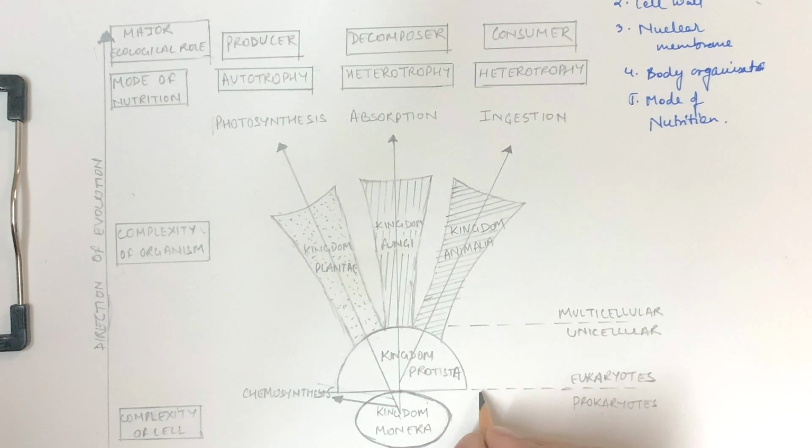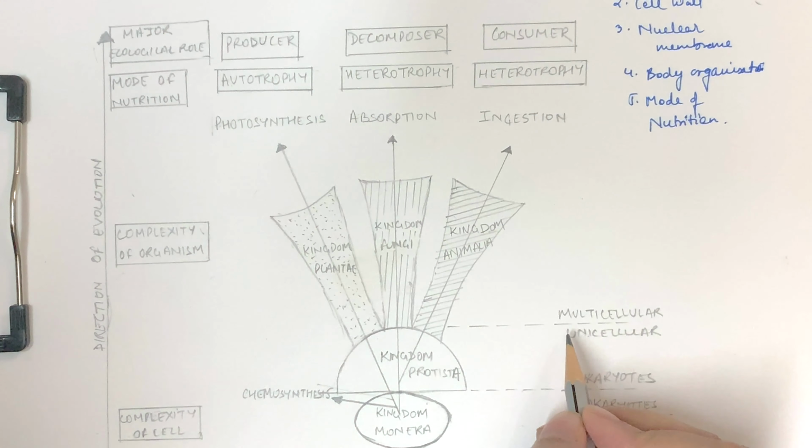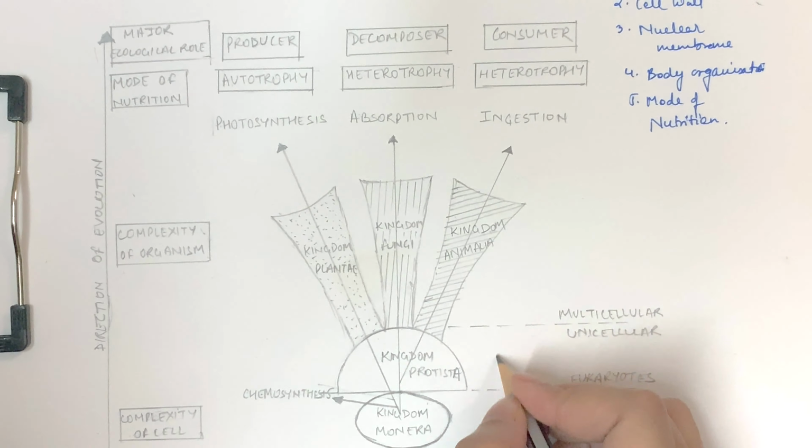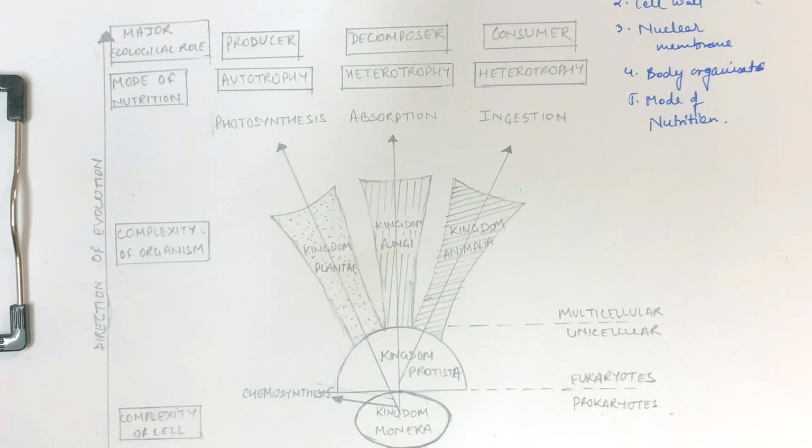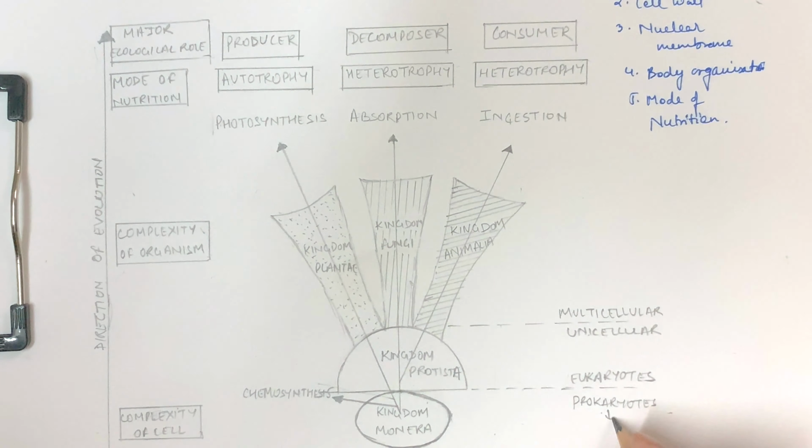As you can see, the dividing line says that the organisms below the line are prokaryotes and above the line are eukaryotes, and below this line the entire kingdom is unicellular, and above this line it's multicellular. So what exactly do prokaryotes and eukaryotes mean? Prokaryotes are single celled, that is one thing, and they lack membrane bound organelles. So they lack membrane bound cell organelles.